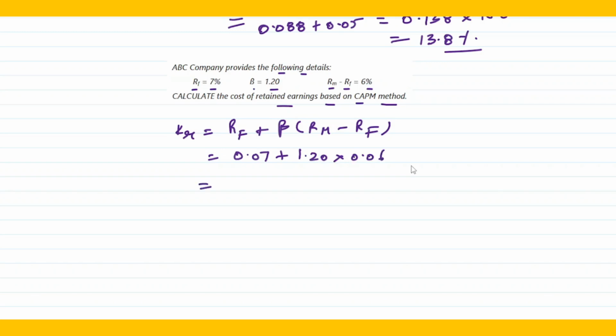So computing 0.07 plus 1.2 into 0.06, if I multiply this and add this, I get 0.142, or the value is basically 14.2%. That's the answer for this question. So with this we finish cost of retained earnings.